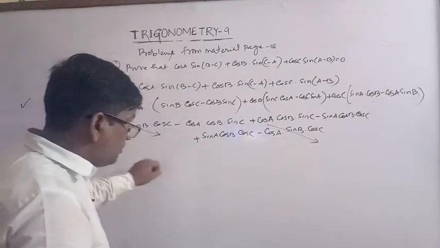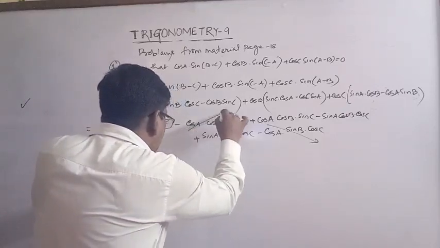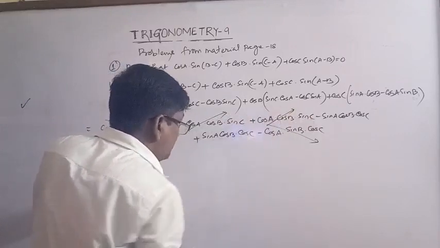Now cos A cos B sin C, this term and this term go cancel.